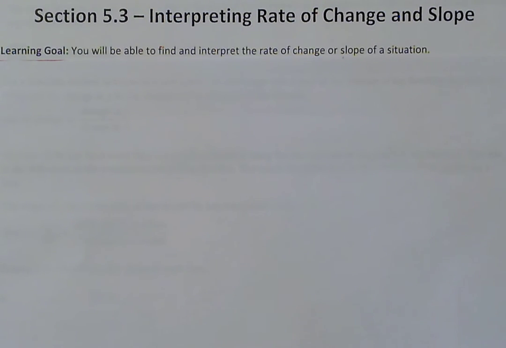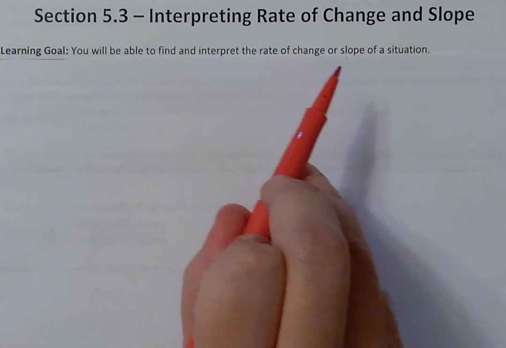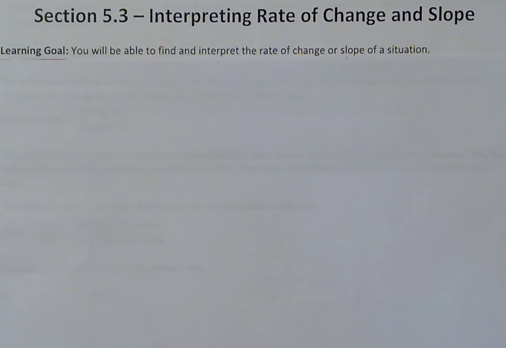Alright, so with that said, we have one learning goal for today, and that is you will be able to find and interpret the rate of change or slope of a situation. So for today, we're going to talk about how you determine the slope of a line from a graph, and then also how to determine the slope of a line when you're given 2 points.